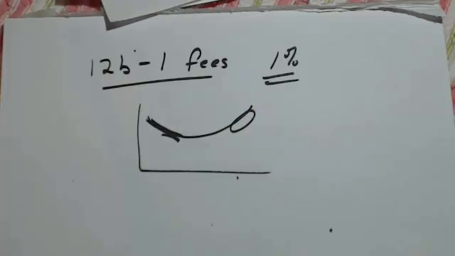Some funds have share classes with different names. For example, Vanguard will have investor shares and admiral shares, fancy names to make it sound good. But the point is that different classes indicate different fees that you're going to pay.